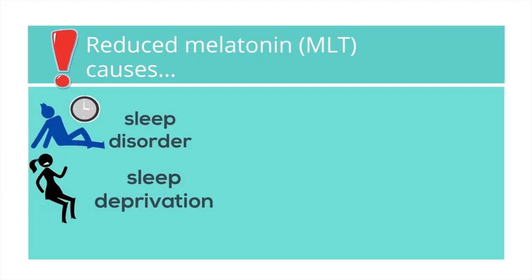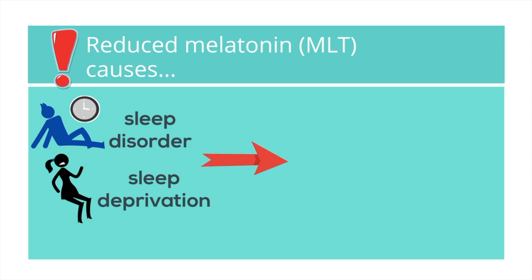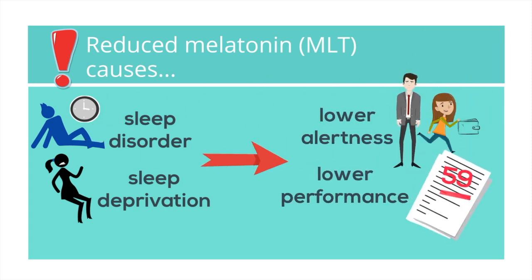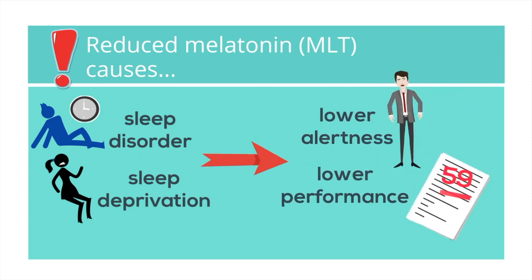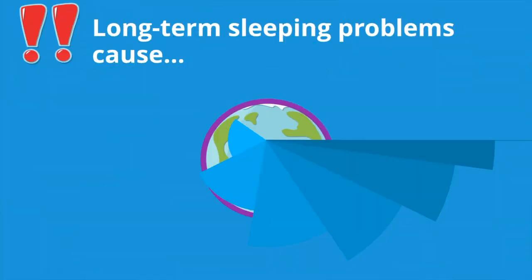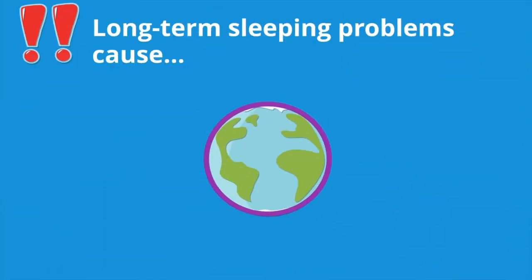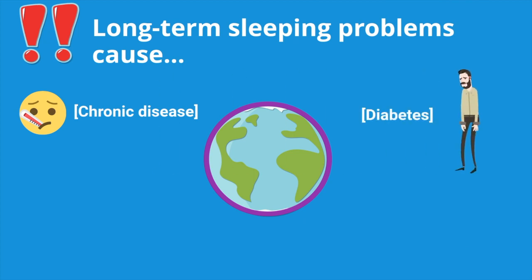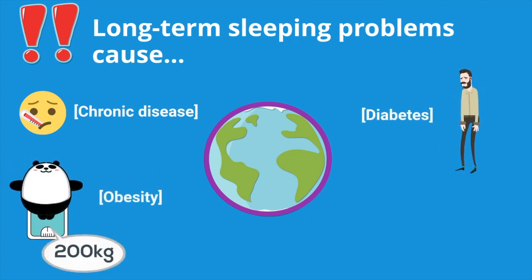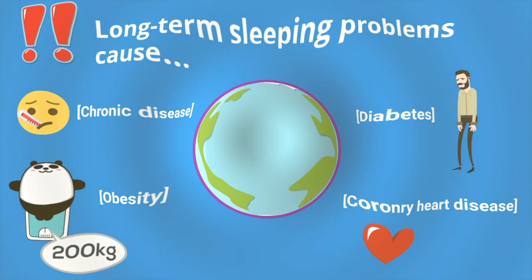Reduced pineal melatonin will lead to sleep disorders and sleep deprivation, causing lower alertness and performance, as one study shows. And long-term sleep disorder increases the risk of chronic diseases like diabetes and obesity. Further studies also found that decreased MLT may contribute to coronary heart disease.